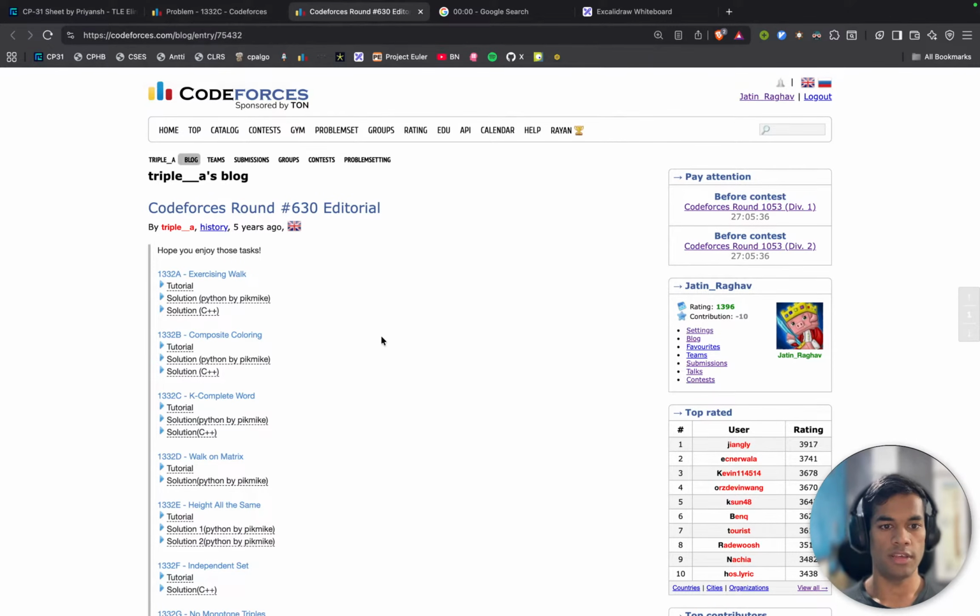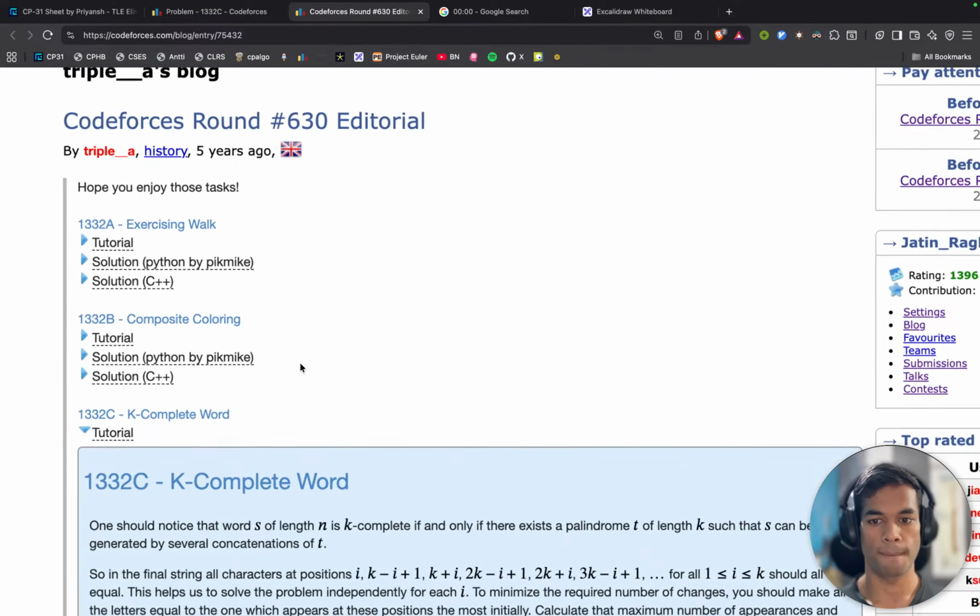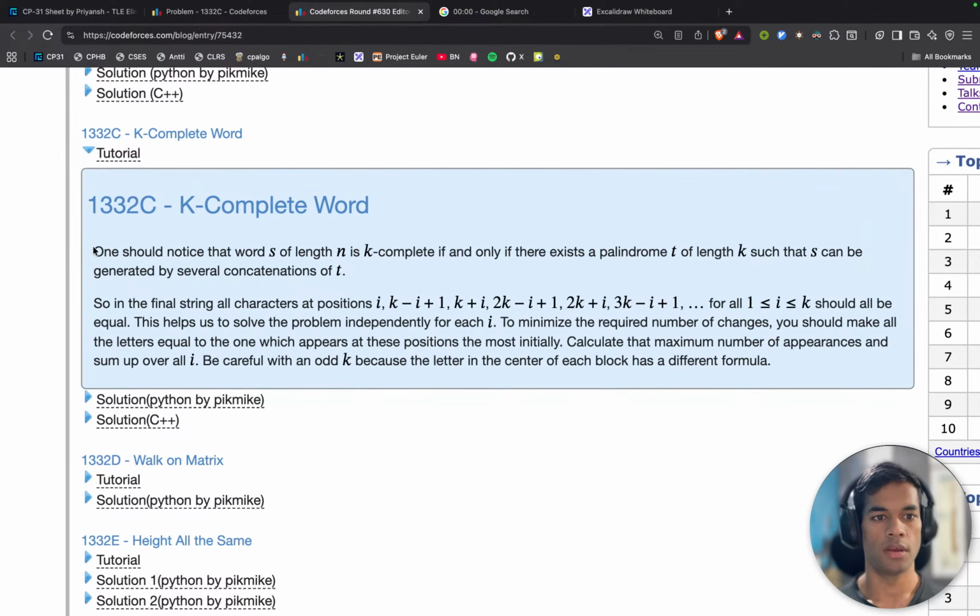Oh, this one was C, K-Complete Word, and the Codeforces rating is around 630. Let's see. One should notice that S of length n is K-complete if and only if there exists a palindrome T of length K such that S can be generated by several concatenations of T. Makes sense.